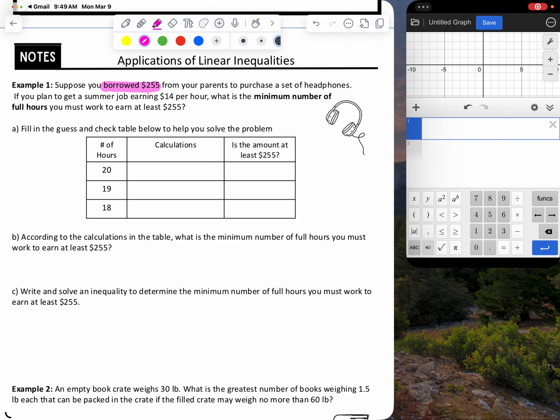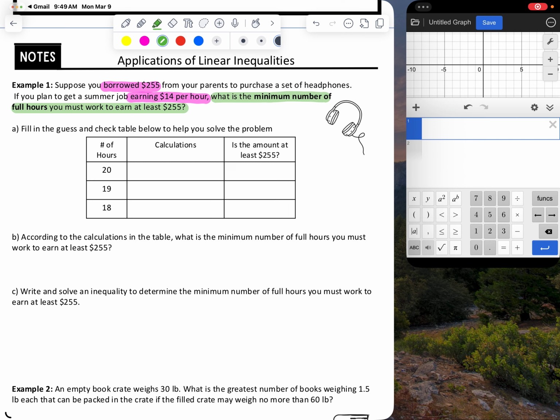I also plan to get a summer job earning $14 per hour. And what I don't know is the minimum number of full hours I must work to earn at least $255.